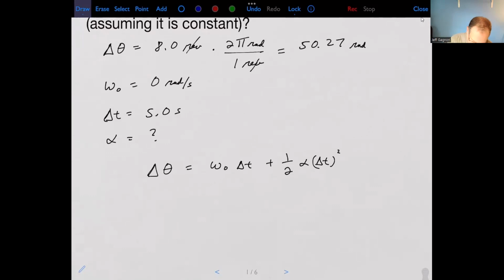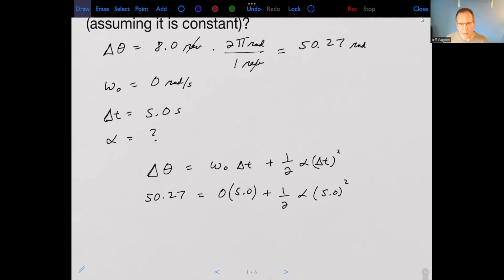I know delta theta is 50.27. Omega naught was 0. Delta t is 5, although I don't even need it there because it's going to be 0, plus 1/2, I don't know alpha, and this is 5.0 squared.